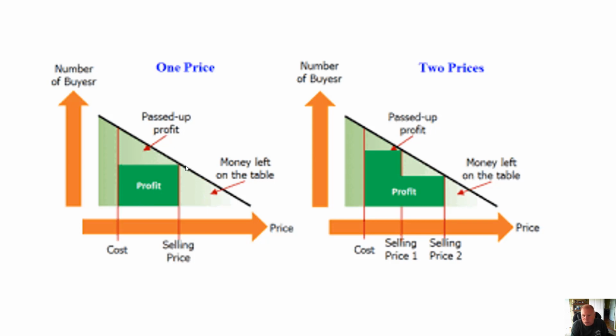Now, if I drop the price too low, I left money on the table. I could have gotten that, okay, passed up profit. So there's opportunities here to make money within that.